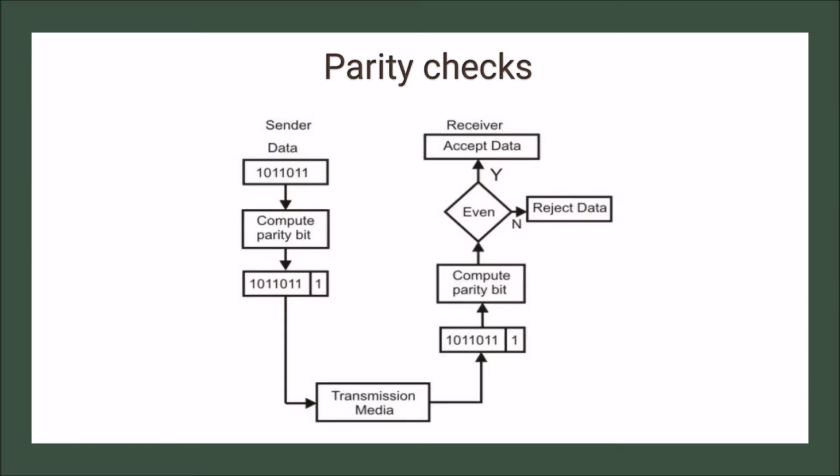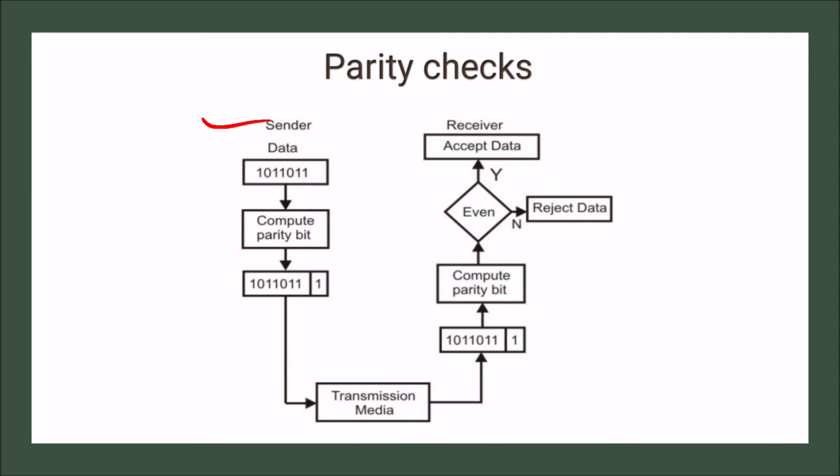Here is how the parity check actually works. Say we send the data 1011011. The total number of ones here is 5, which means the total number of ones is odd.